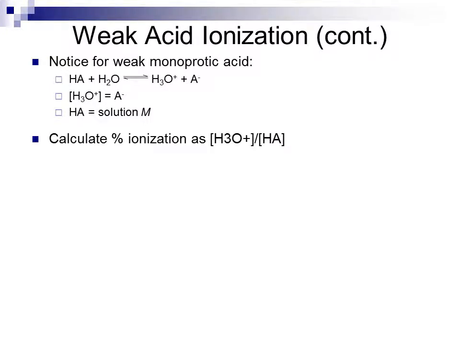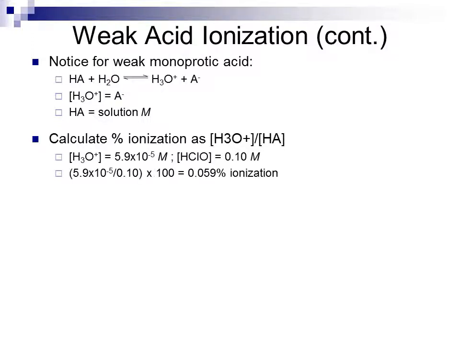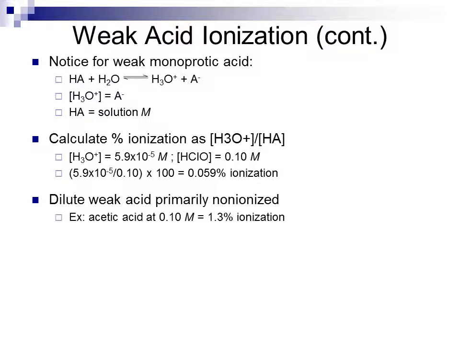So if I want to calculate the percent ionization of a solution with respect to the hydronium concentration versus HA, I have a hydronium concentration of 5.9 times 10 to the minus 5 molar that we just calculated, and hypochlorous acid at 0.1. Taking 5.9 times 10 to the minus 5 divided by 0.1 as a percentage gives us 0.059% ionization.